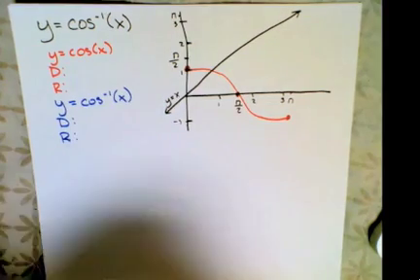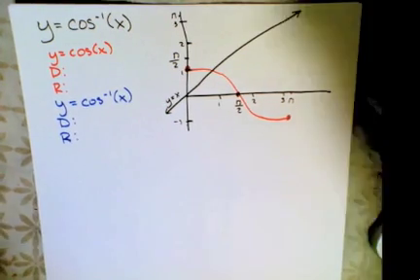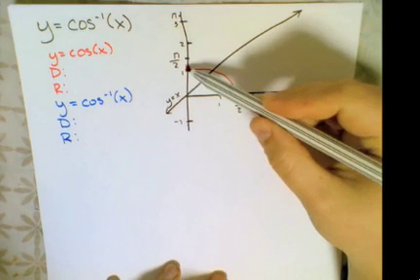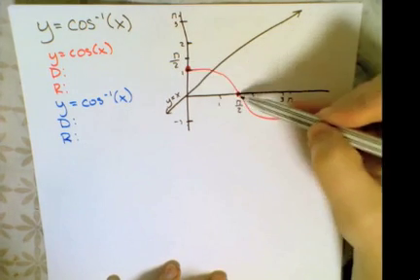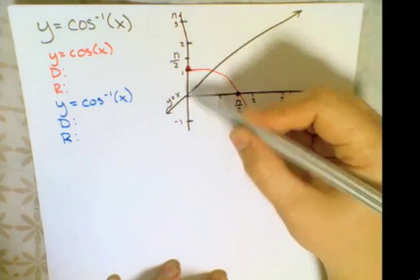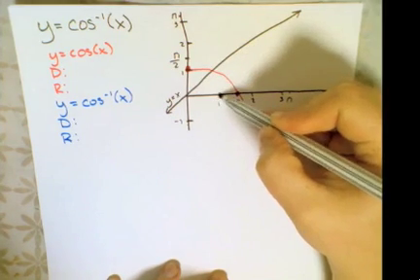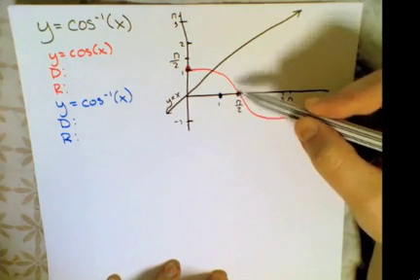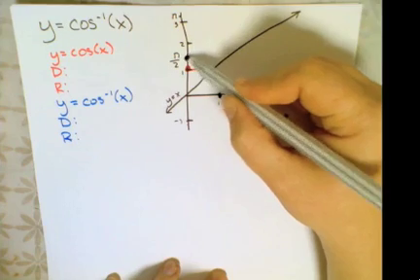The inverse cosine of x, then, would reflect so that (0, 1) turns into (1, 0). Then (pi halves, 0) turns into (0, pi halves).